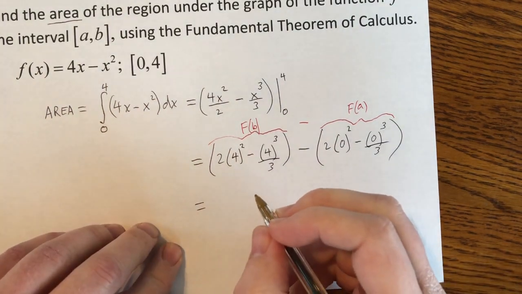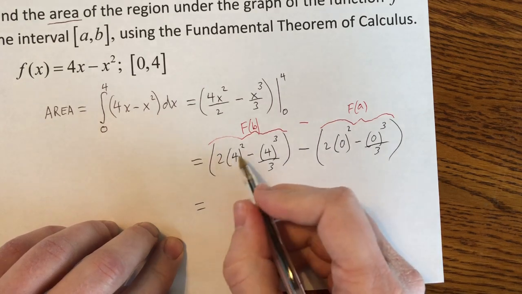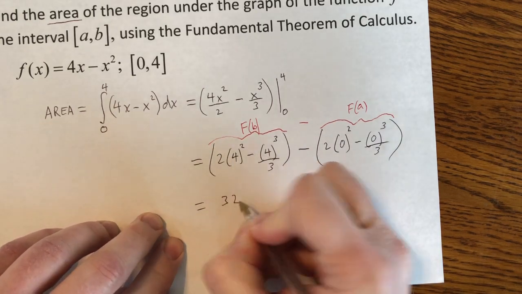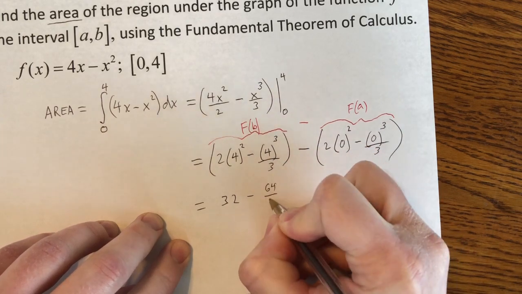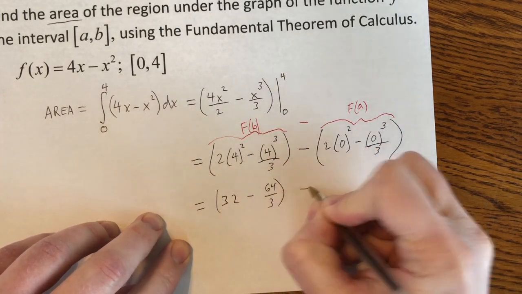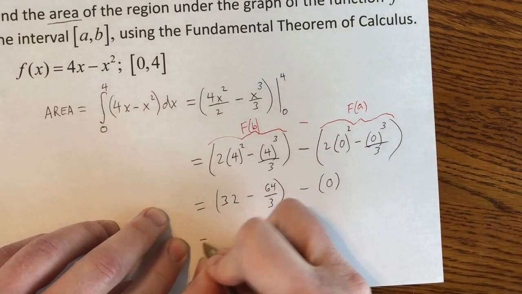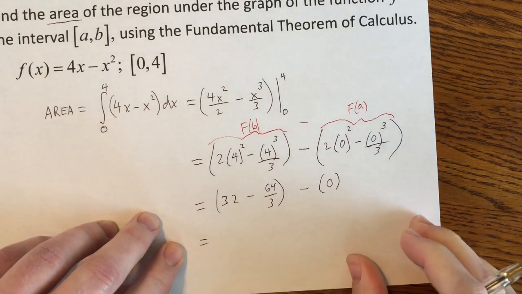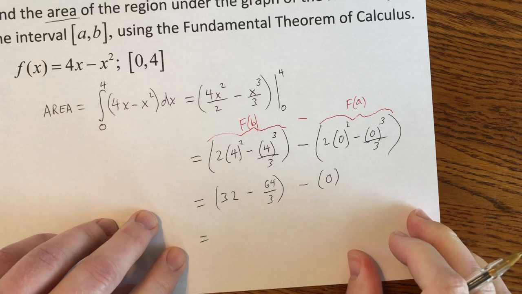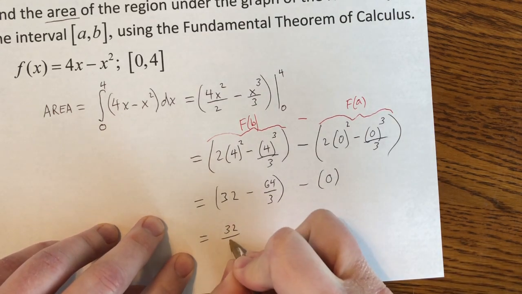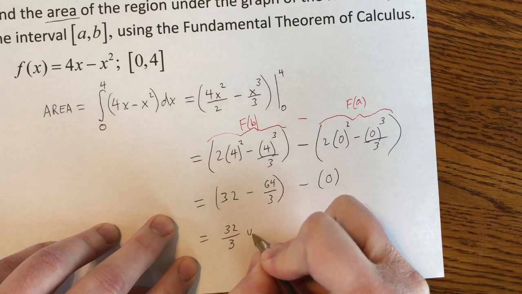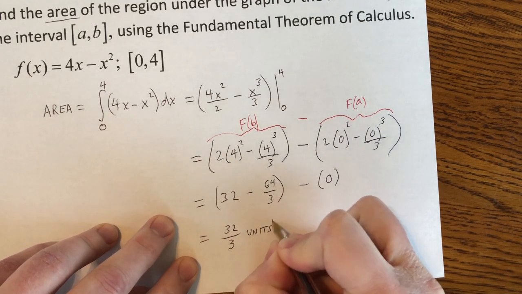So what do we get here? 32 here, minus 64 thirds here. And this is just minus 0, so that's nice. And then 32 minus 64 thirds is 32 thirds, I believe. So 32 thirds. In this case, it is units squared.